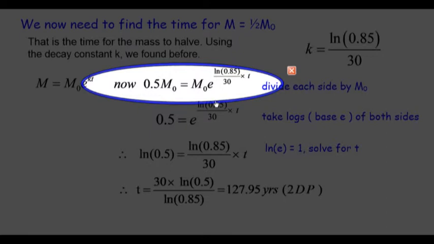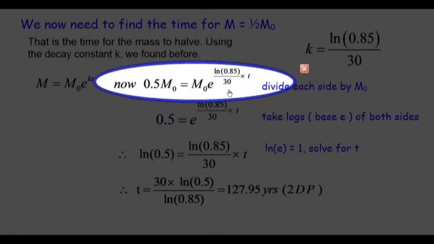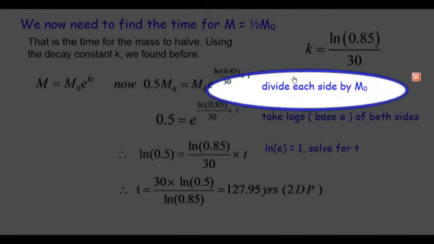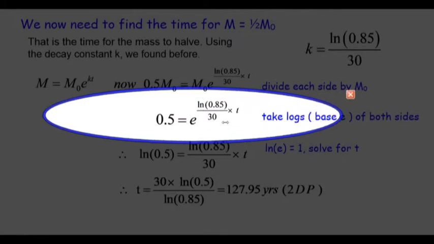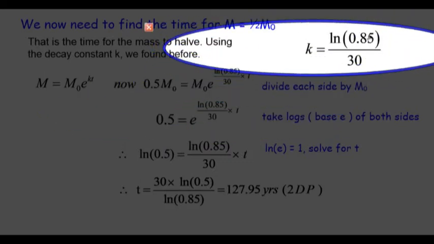It's just a substitution: 0.5 m naught equals m naught e to the kt. We divide by m0, and we end up getting 0.5 equals e to the kt, and remember the k was in fact this one up here.